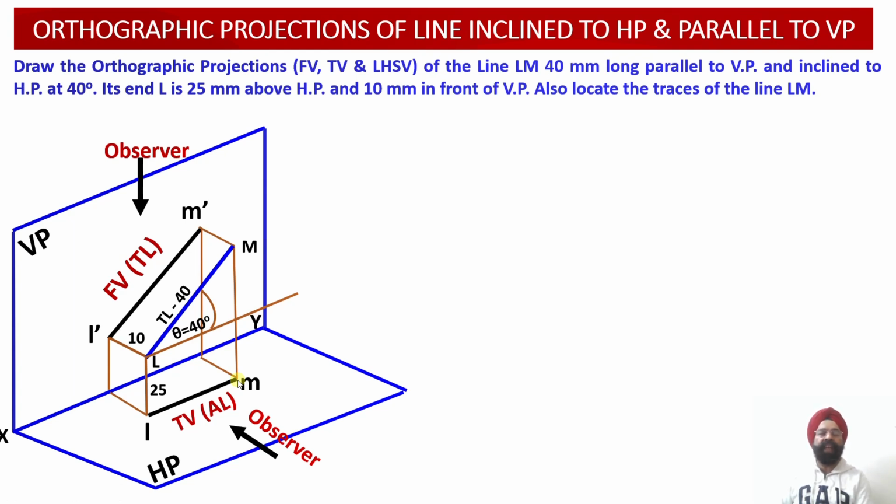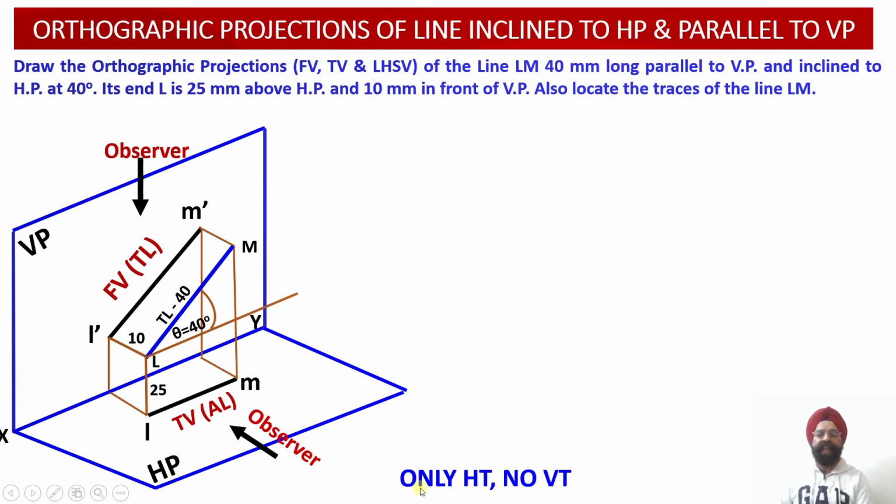Now another thing we need to work out over here is the traces of this particular line. We know that this line LM happens to be parallel to the vertical plane, so it is not going to intersect with the vertical plane at any point. Since it doesn't intersect with the vertical plane, there will not be any vertical trace corresponding to this line LM.